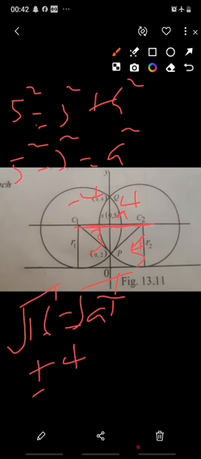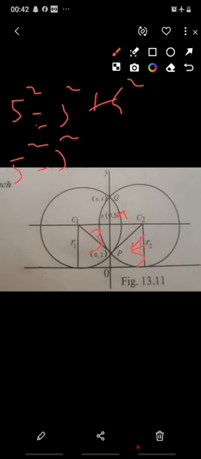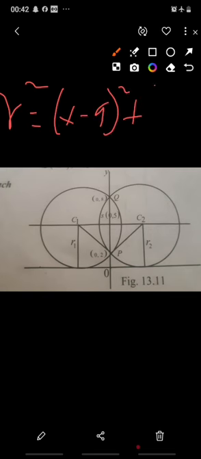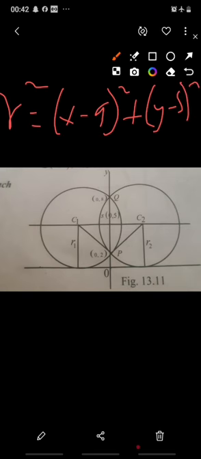So now that we have been able to obtain the coordinates of the centers, we can then write the equation of the circle. So here we know the equation of the circle to be r squared is equal to (x minus a) squared plus (y minus b) squared, where a and b are the centers.